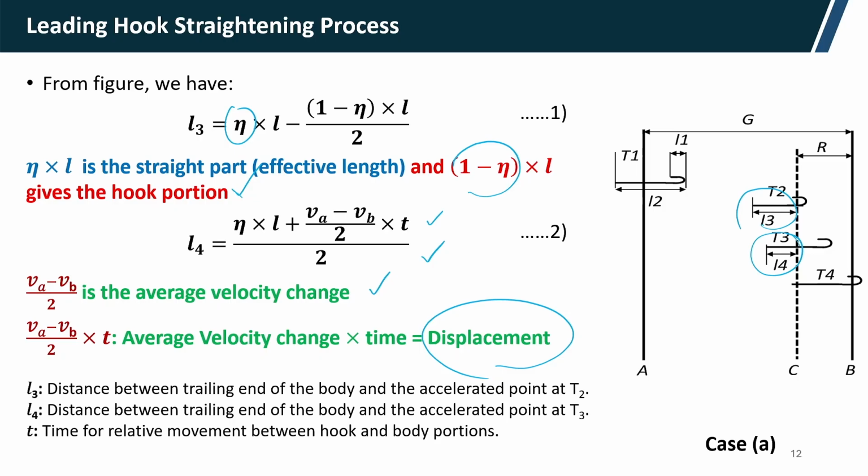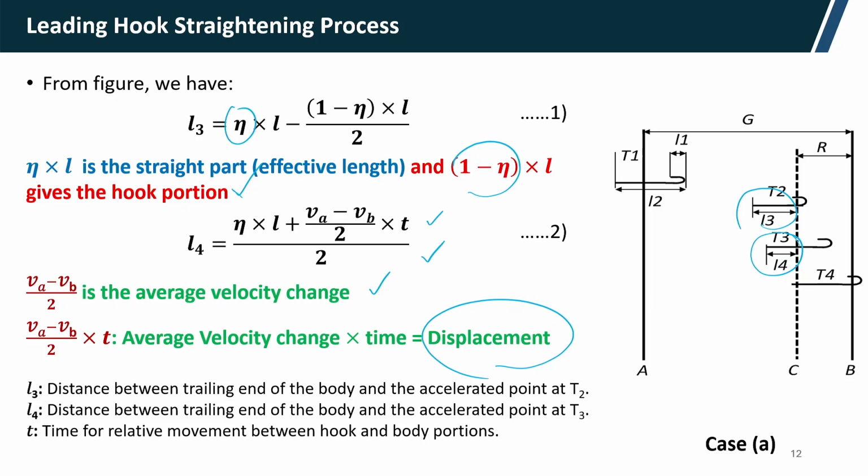So, here L3 is the distance between the trailing end of the body and the accelerating point at T2, and L4 is the distance of the trailing end of the body and the accelerating point at T3.